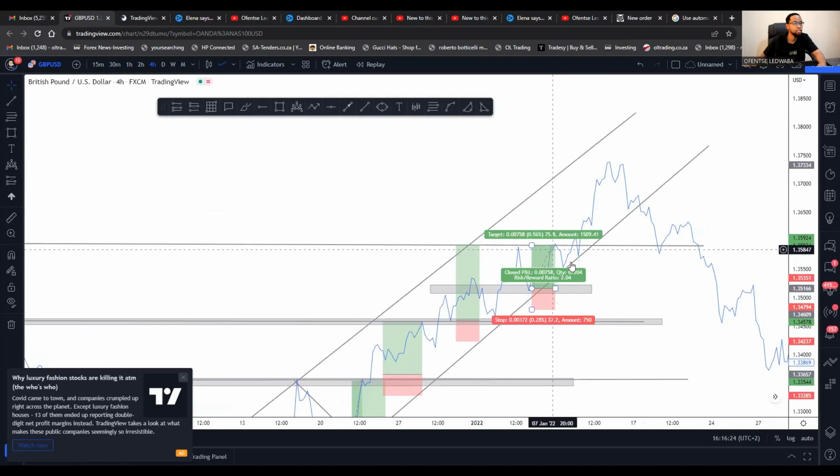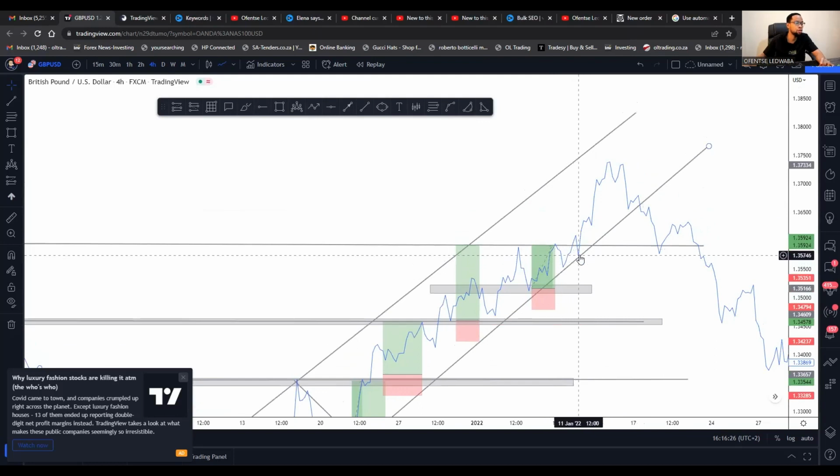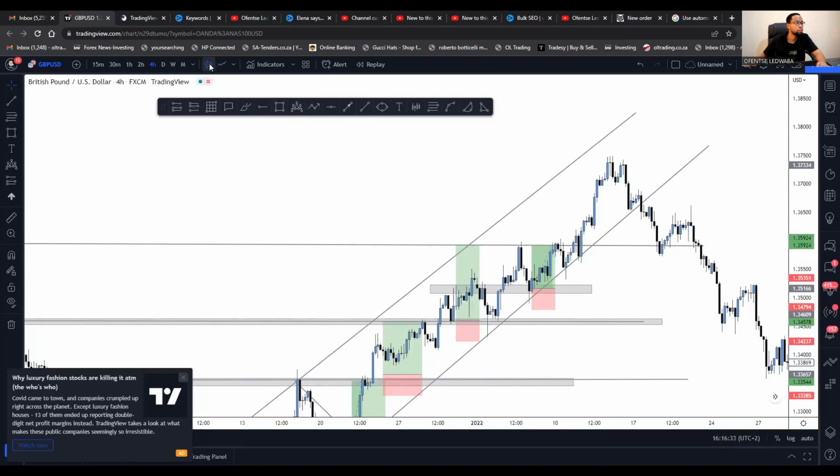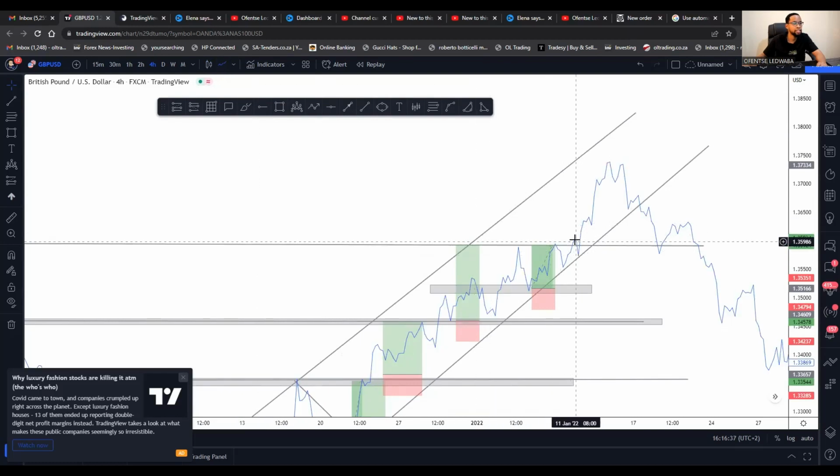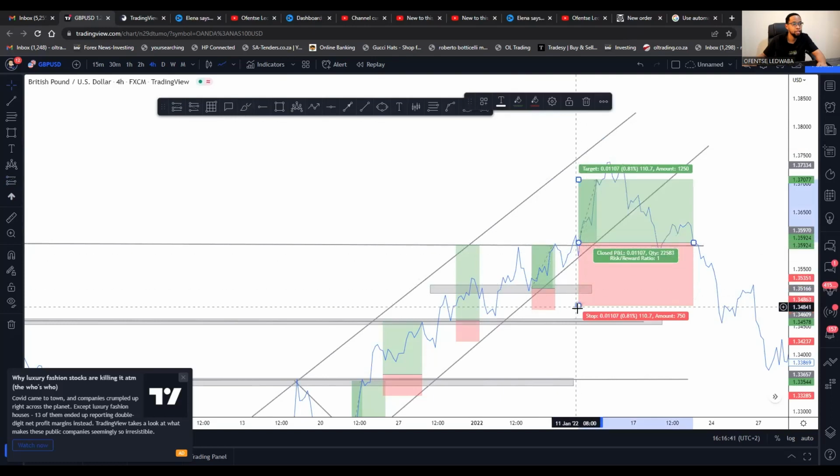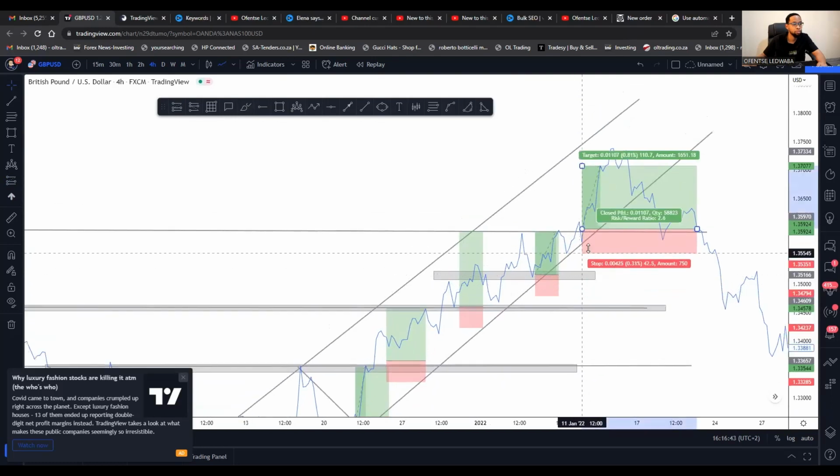Then here we can see we are at a very strong diagonal support. So what we would do here, you draw your correction, and then you would know that at the break, the market will shoot to the upside.